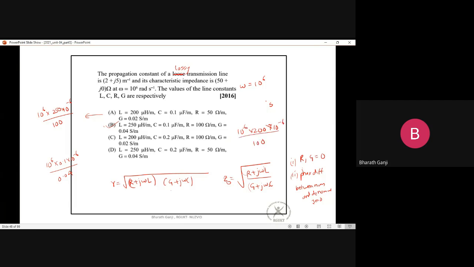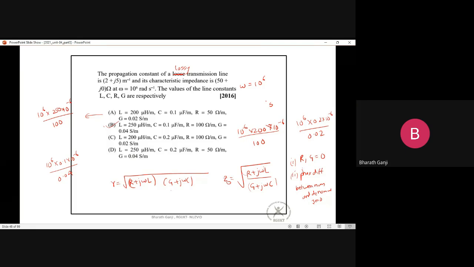Whereas for the denominator the phase is omega c, so omega c is 10 to the power of 6 into c, which is 0.2 into 10 to the power of minus 6, divided by the g value, 0.02. So here point to point is cancelling out. I mean you get a 10, but here you're getting a 2, so definitely this is not working out. In the same way D will also not work out. So this is how you can solve it.